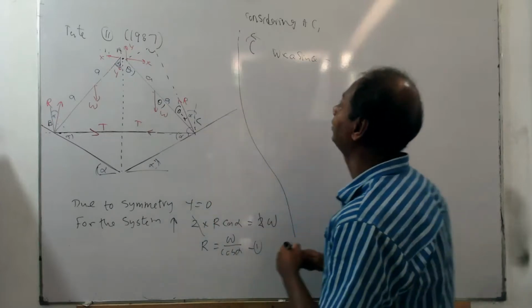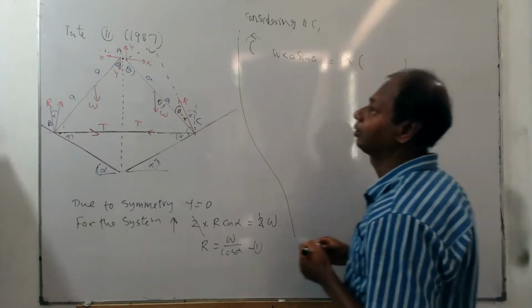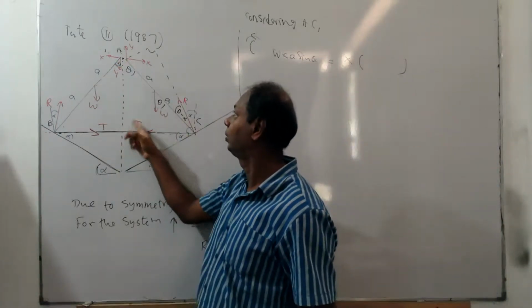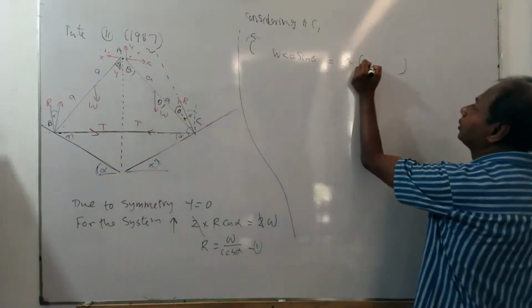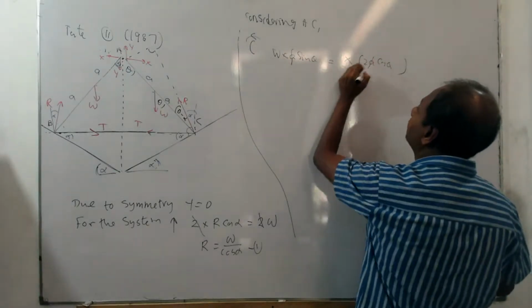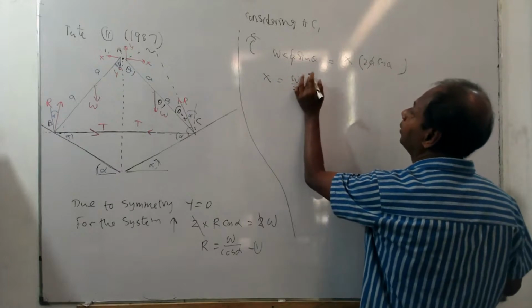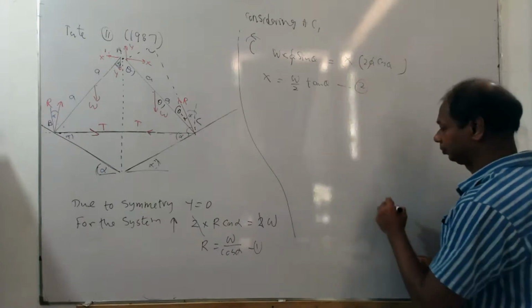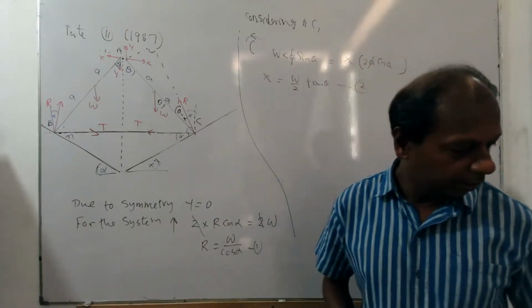So I can write that equals X into the distance 2a cos theta. So you get X equals W over 2 tan theta.